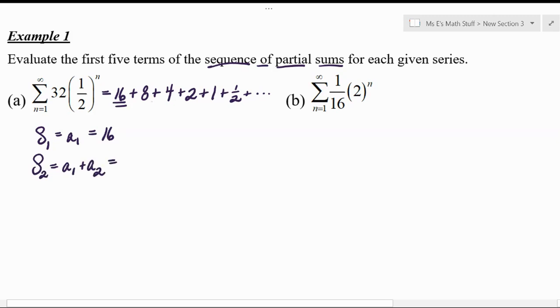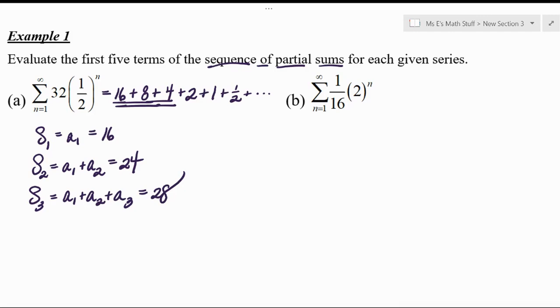And so in this case, that would be 16 plus 8, which would be 24. I'll show you one more, and then I'm going to butt out. So your third partial sum would be your first term plus your second plus your third, which would be 28, and so on. Okay, so hopefully that helps you see what a sequence of partial sums is. And then go ahead and finish it out, and I'll check with you in the next video.